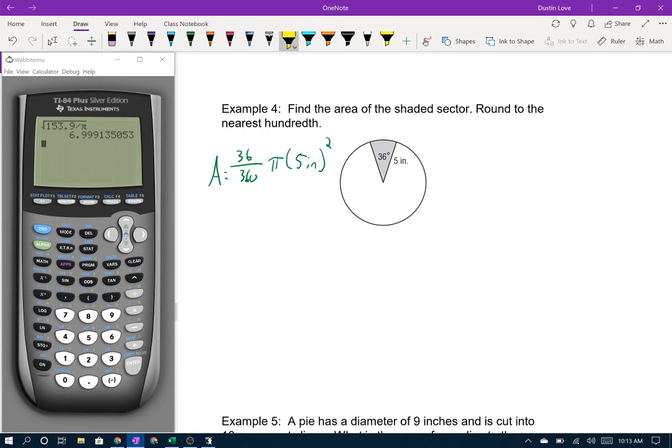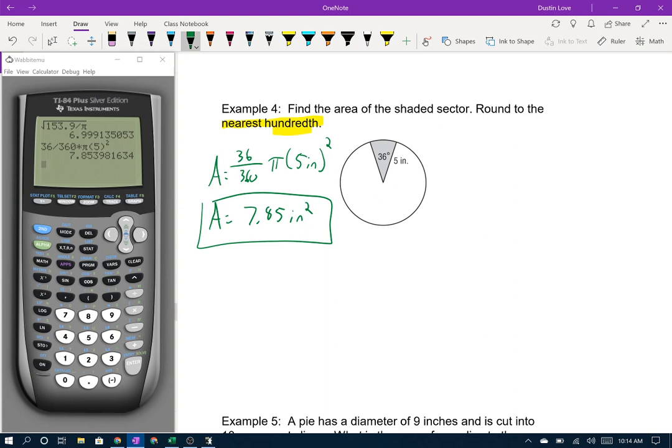Now, since this one asks me to round to the nearest hundredth, I can literally go to the calculator and type this in exactly as I see it. 36 divided by 360 times pi times 5 squared, which gives me that my area, let's use a pen instead of a highlighter, area equals 7.85 inches squared.